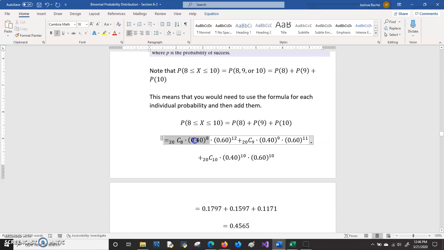Here's the formula for the probability of 8 nearsighted students. Here's the probability of 9, probability of 10 nearsighted students. Get each of those. This is what they turn out to be: 0.1797, 0.1597, 0.1171. Add them all up and it comes out to 0.4565.